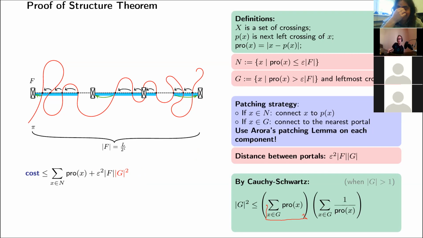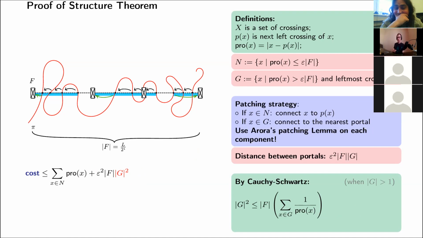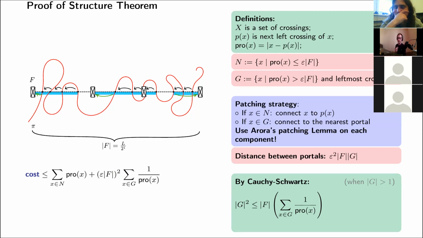It's a good bound, so we put it here. And yeah, that's our bound. It only works when G is greater than 1, because otherwise this proximity is not defined. That is the big issue with our analysis for k equal to 1. But yeah, that's it. We put this G squared over here, and we arrive at this crazy expression.